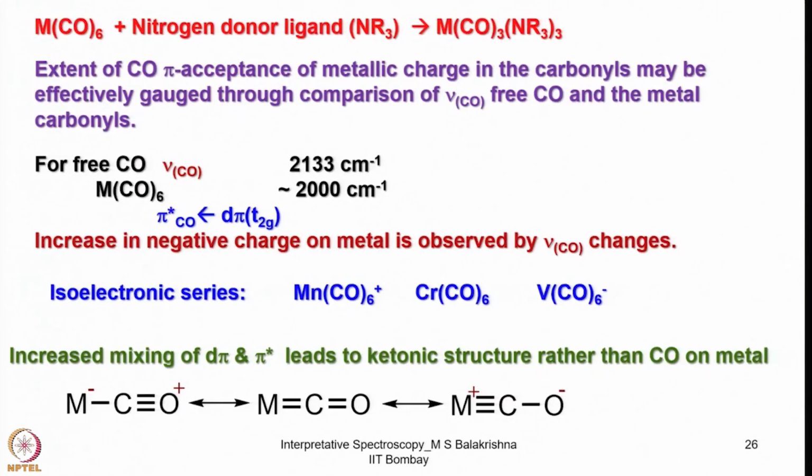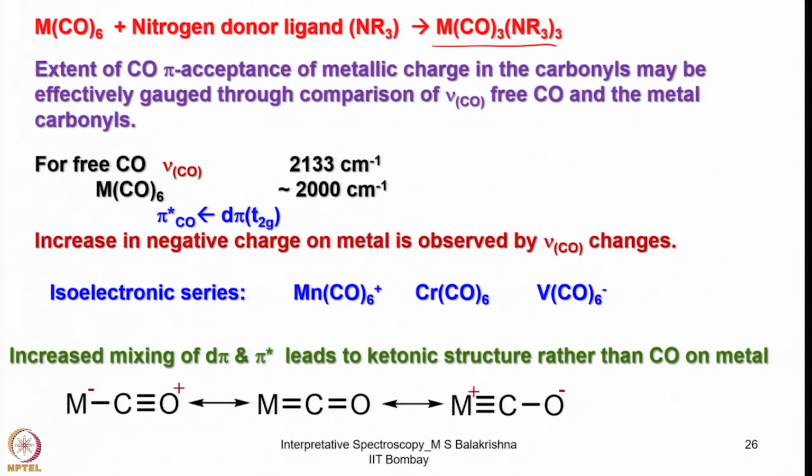Let us look into some reactivity here. When we consider metal hexacarbonyls such as chromium, molybdenum, tungsten hexacarbonyl, and we react them with only nitrogen donor ligands which are sigma donor in nature, for example acetonitrile, benzonitrile, or triethylamine, only alkylamines or arylamines, in this case maximum replacement of only 3 carbon monoxide is observed.